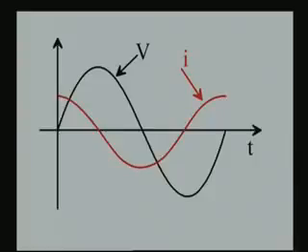In other words, if you look towards the origin, when the voltage is crossing 0 and going positive, the current is already positive, which means the current is leading the voltage. So, in all capacitive circuits, as you know, the current will lead the voltage waveform. Therefore, they are called the lead networks, and the inductors, as the current lags the voltage, are called the lag networks.